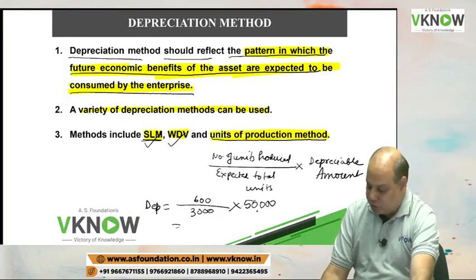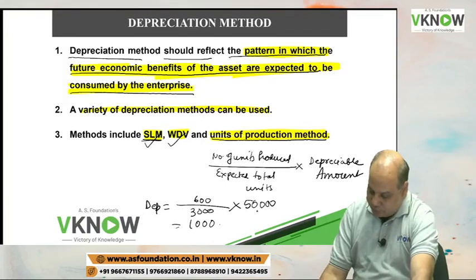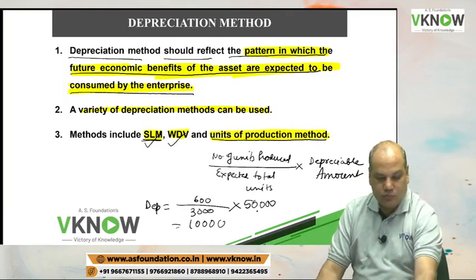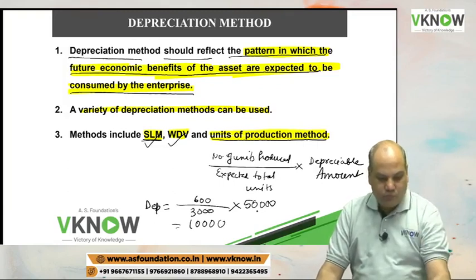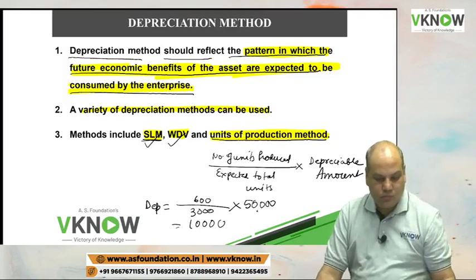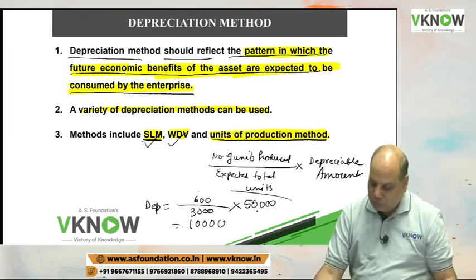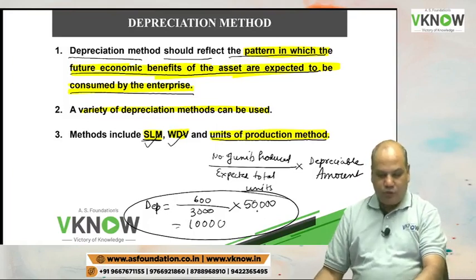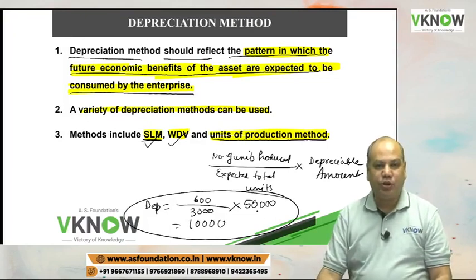So this should be 20% of 50,000, that is 10,000. This is called unit of production method.